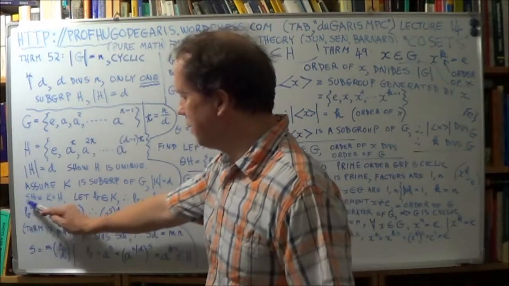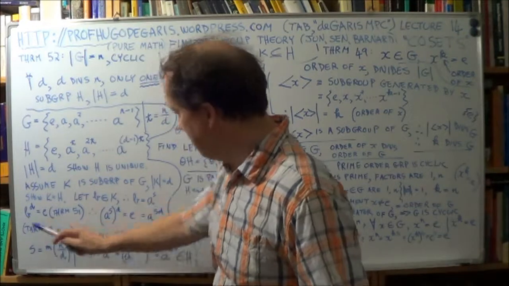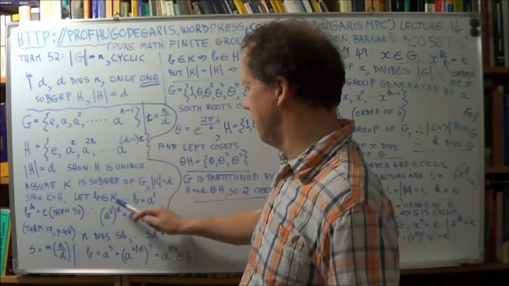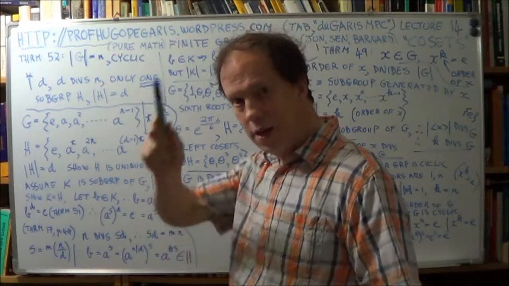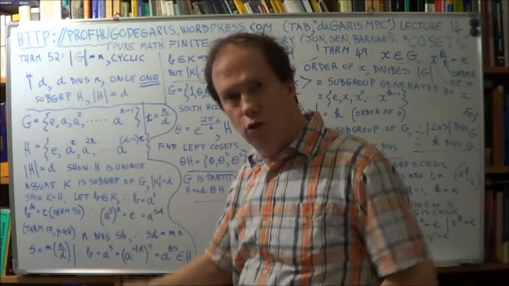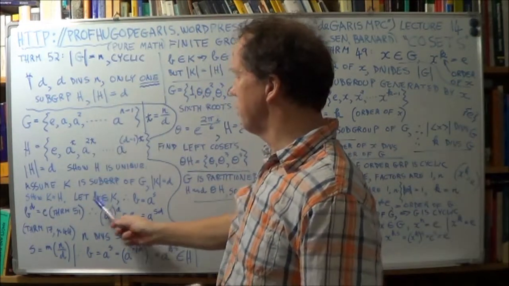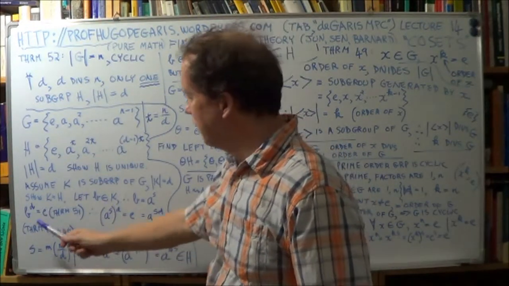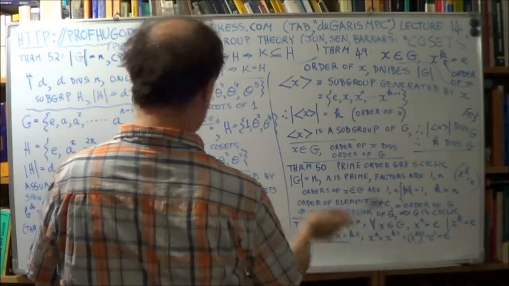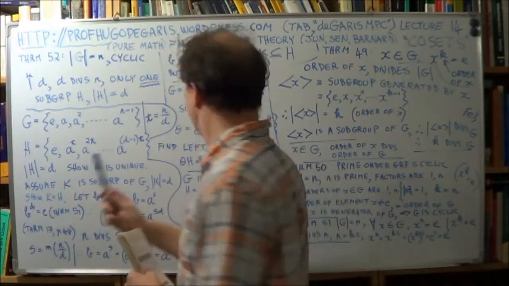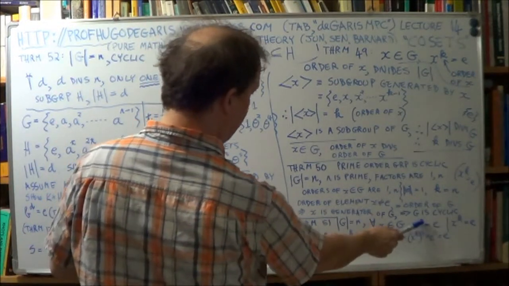So that means that B to the D is E. Now why is that? B is any element of K. K is a subgroup, so it's still a group, right? And what's the order of that group? Well, D. So any element, here it's X, here it's B. The order of your group is n.